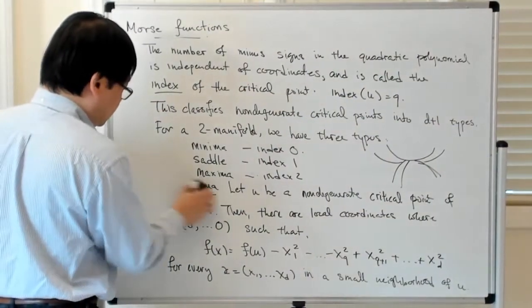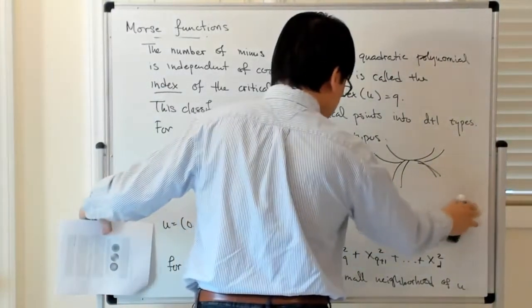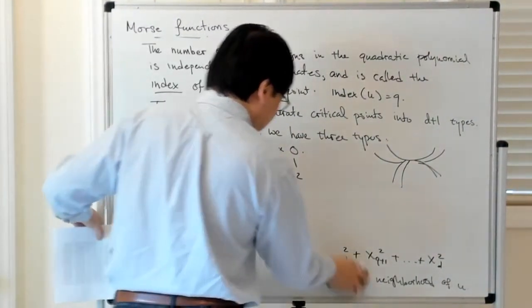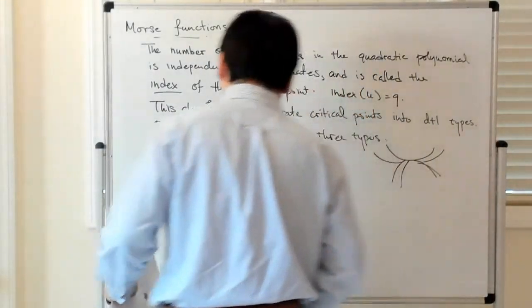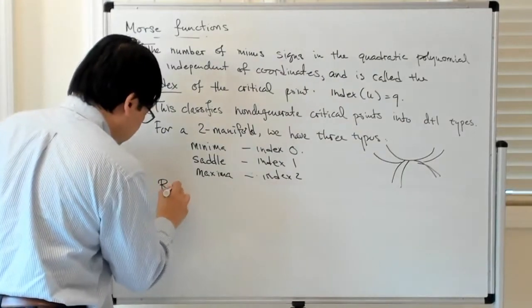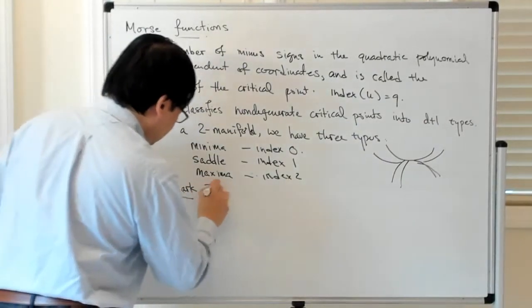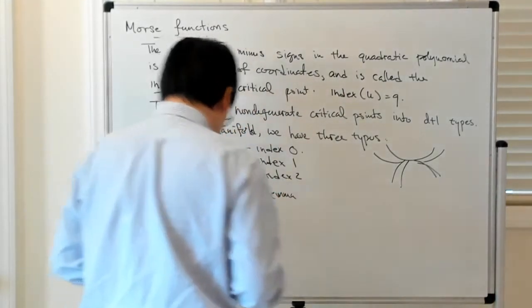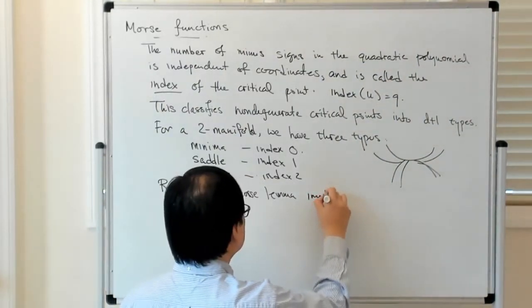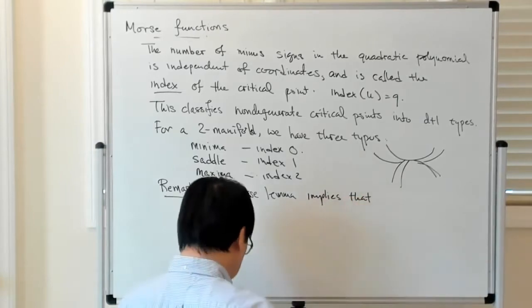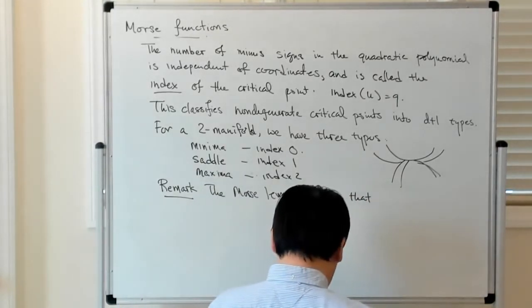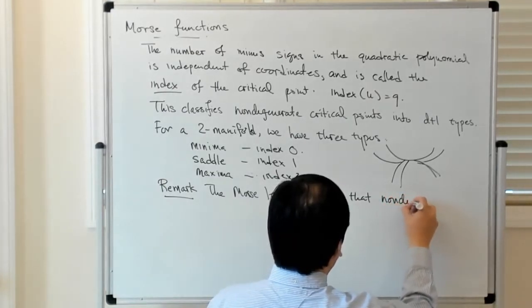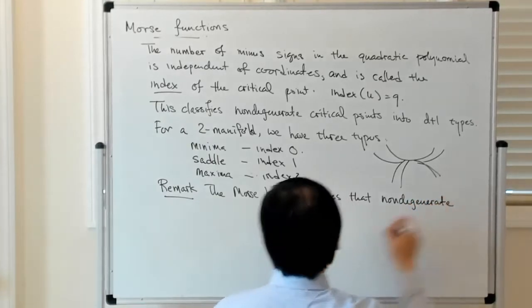Let me just remark that a consequence of the Morse lemma is that non-degenerate critical points are isolated from each other.